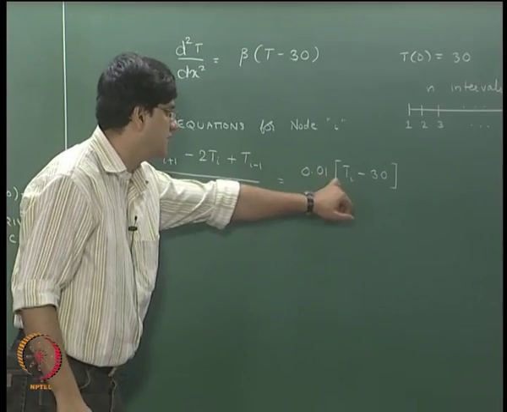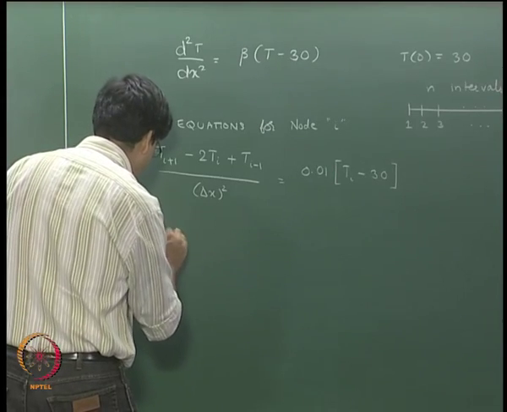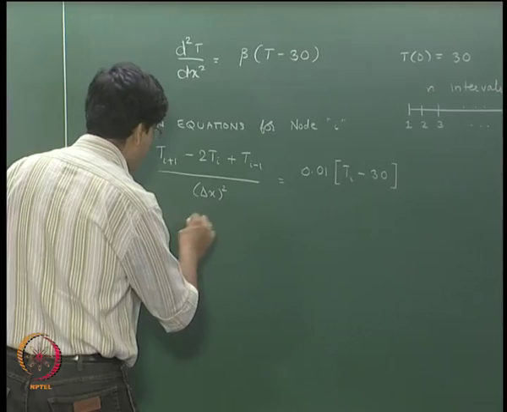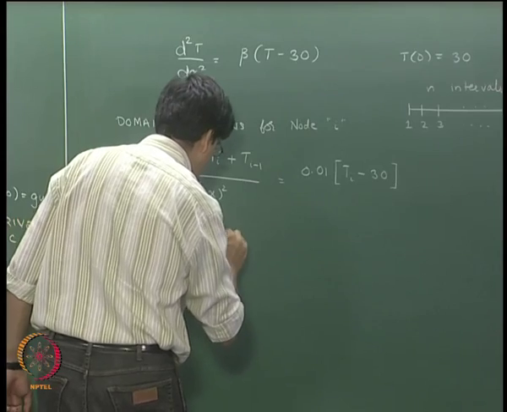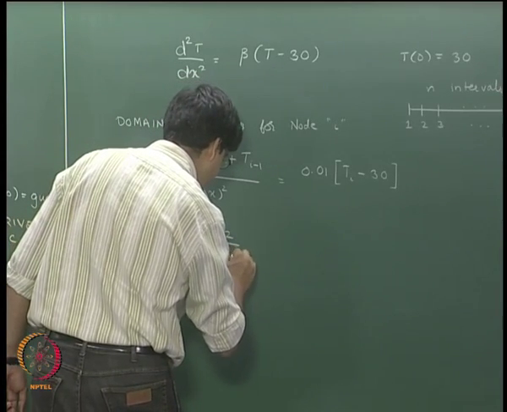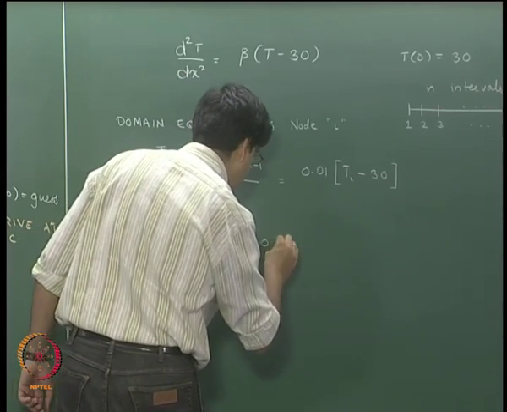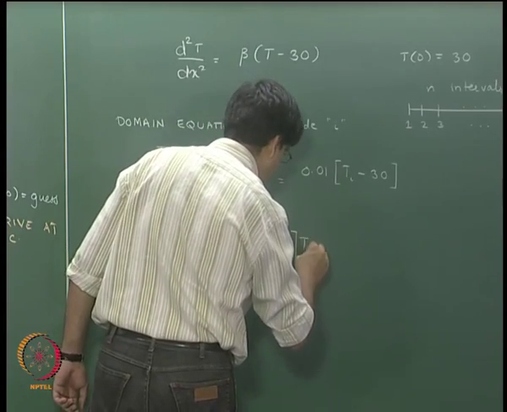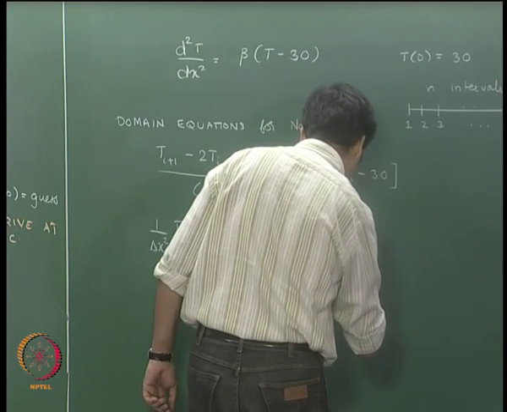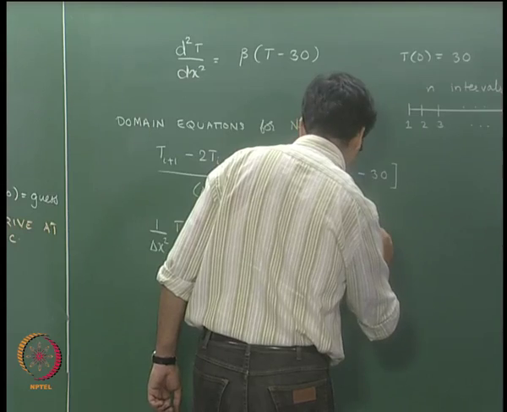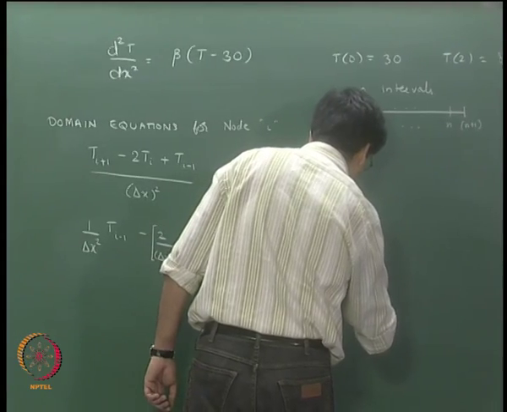So we are going to take 0.01 multiplied by Ti onto the left hand side, and finally we are going to get 1 by delta x squared Ti minus 1, minus 2 by delta x squared plus 0.01 multiplied by Ti, plus 1 by delta x squared Ti plus 1 is going to be equal to minus 3.